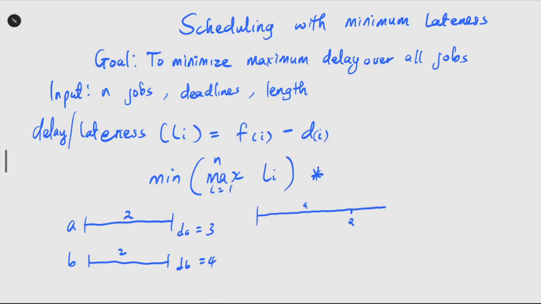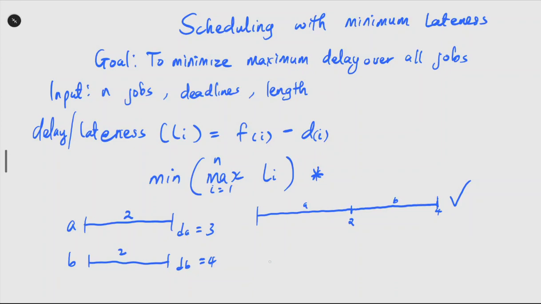And thereafter, if we schedule job B, which has length 2, so you have an additional length 2, which is length 4, and B has a deadline at 4. Because B just ends at 4, it also beats the deadline. So we have satisfied the deadline for both jobs.